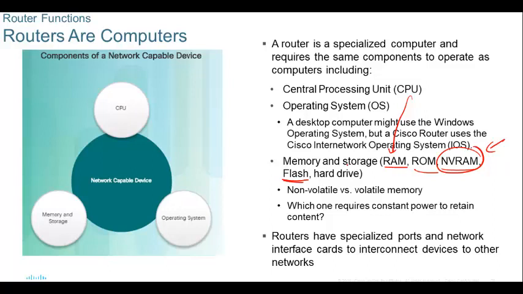When you make changes, the changes will not impact the original copy of the operating system. Only the configuration will be in the NVRAM, and the operating system will be in flash, always fresh.